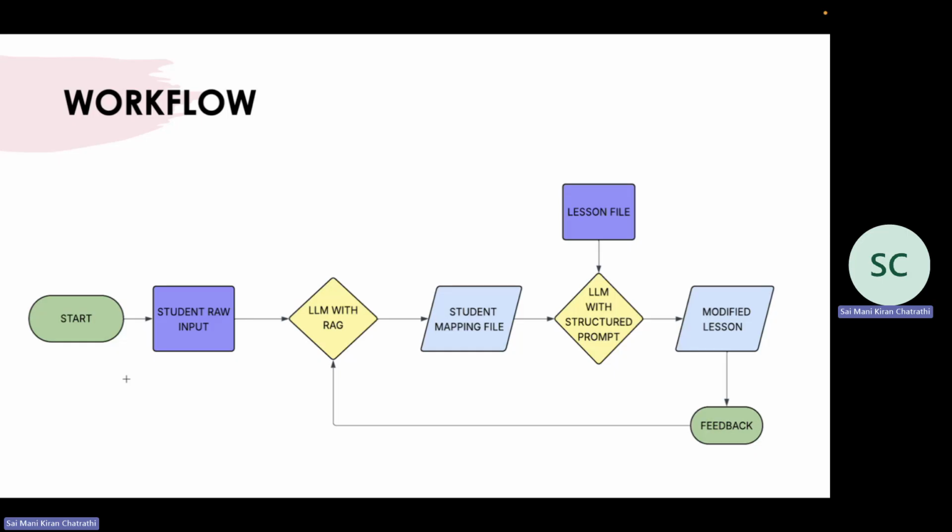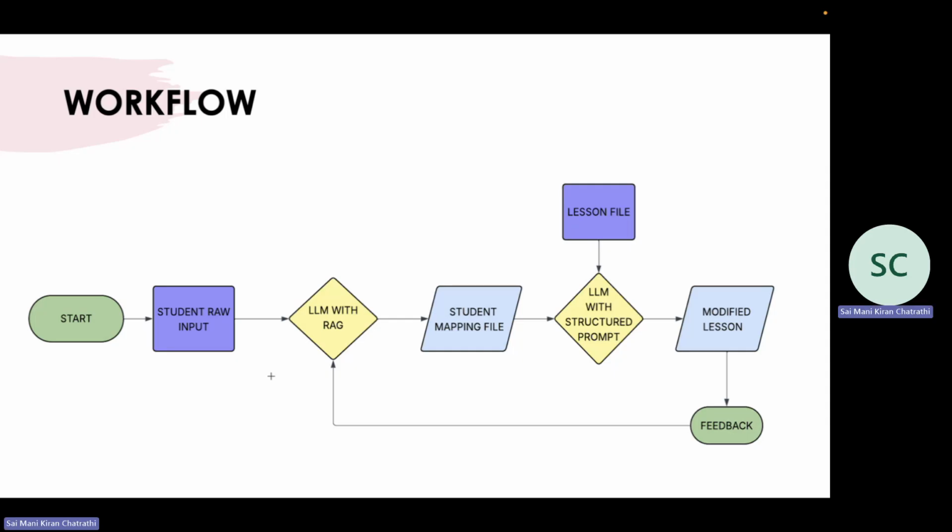When you get the modified lesson as the output, you can take feedback from either the teacher or the student using a prompt, and that prompt will be input to the first LLM model, and by taking that as the input, it modifies the existing student mapping file into a new student mapping file. So that's how the workflow is.